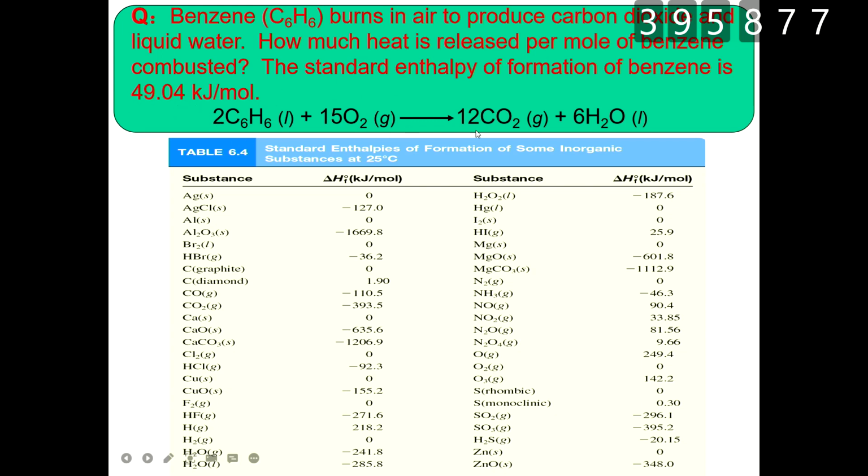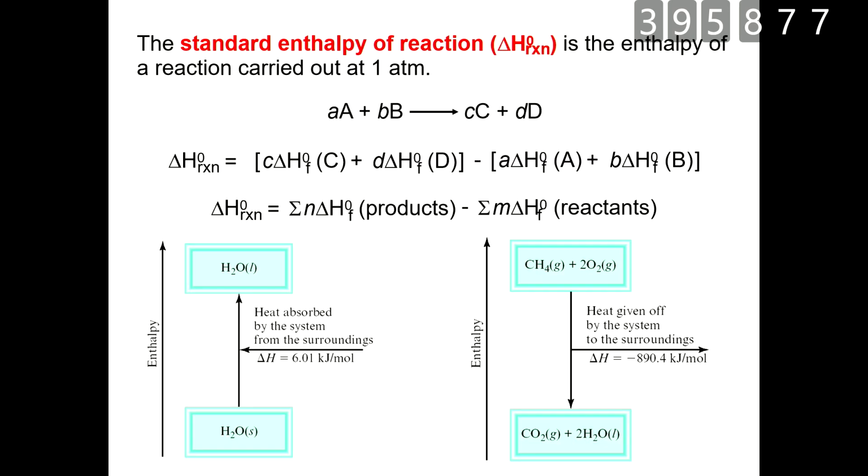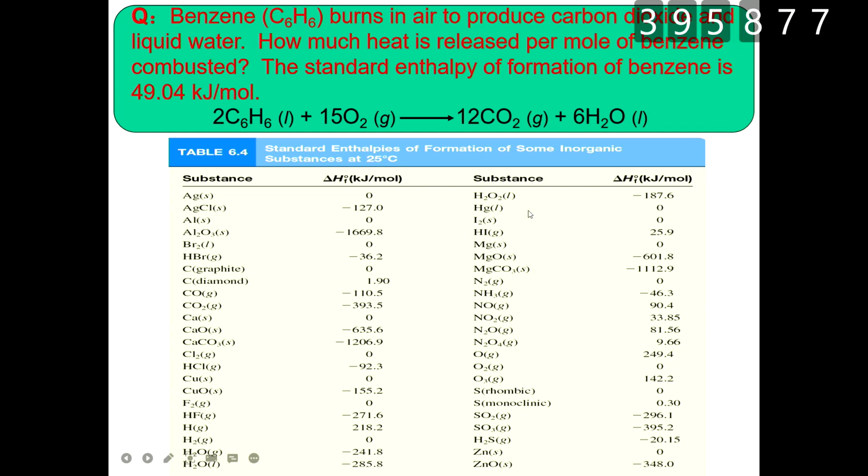For the others, we can find them from this table, right? So how do we use the standard enthalpy of formation of substances to calculate the standard enthalpy of reaction? Use this equation: the enthalpy of reaction is equal to products minus the reactants.